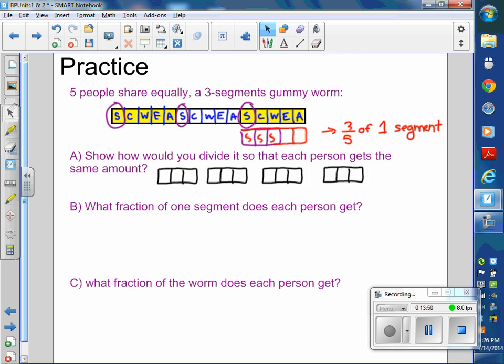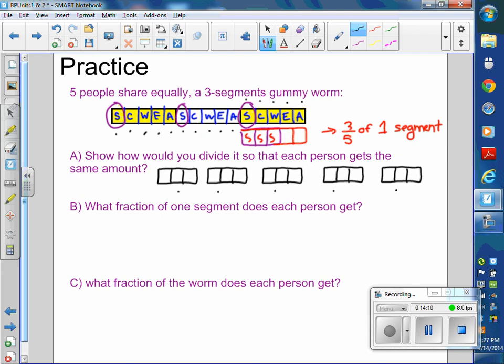There's 5 kids. There should be 15 little pieces. If you count, there's 1, 2, 3, 4, 5 little pieces there, 6, 7, 8, 9, 10 pieces there, 11, 12, 13, 14, 15 pieces there, and there's 3, 6, 9, 12, 15.